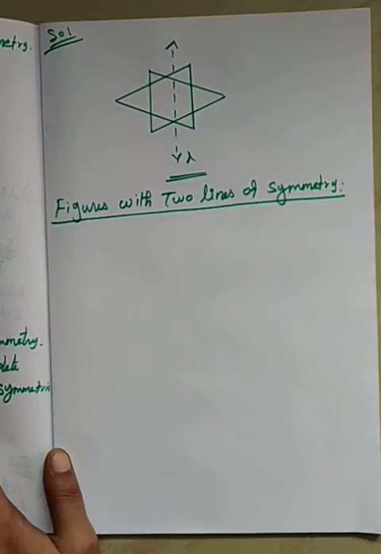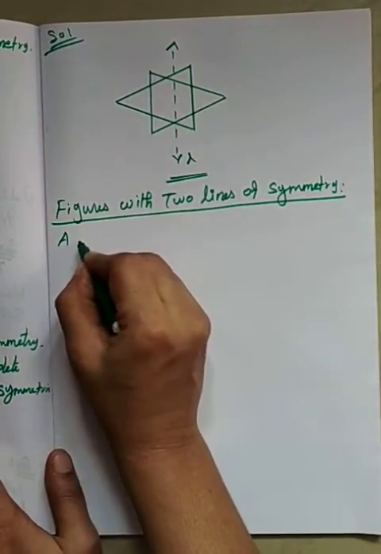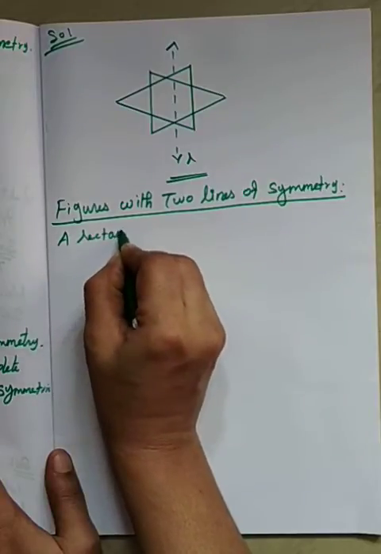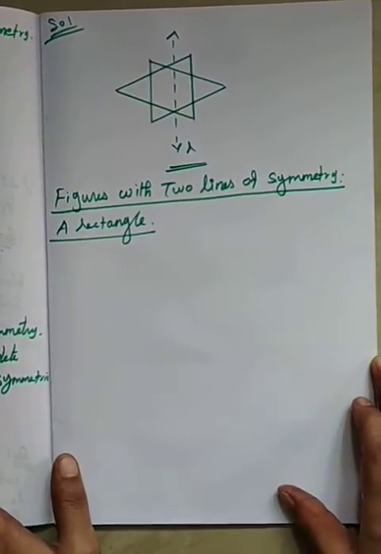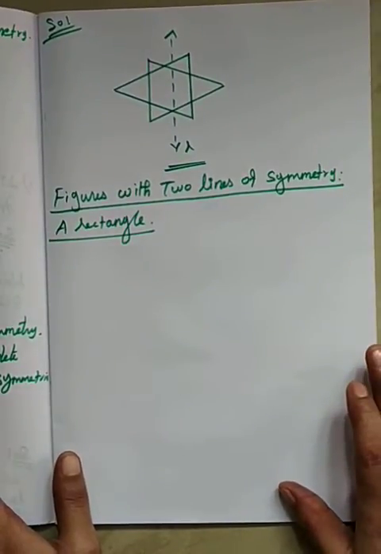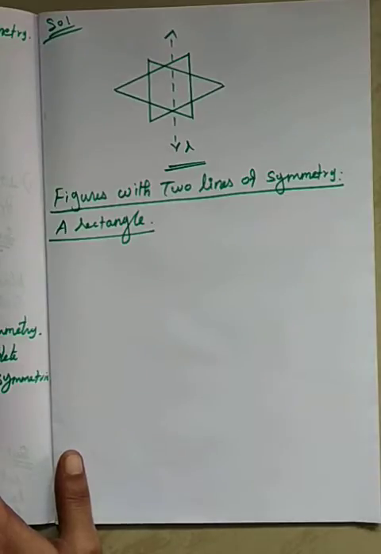First you see a rectangle. What is the heading? Figure with two lines of symmetry. See, take a rectangular sheet. That means you have to take a postcard.